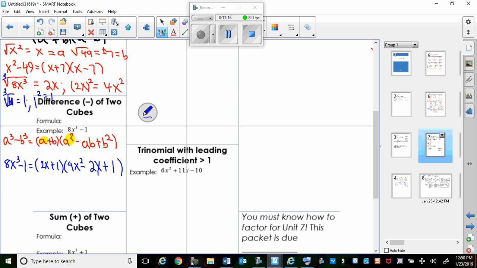Okay? And that's my final answer. This is your answer. This is the factored form of this cubic function. Now, typically, you want to make sure it's fully factored, so you would try to factor this quadratic, but we don't have to do that.